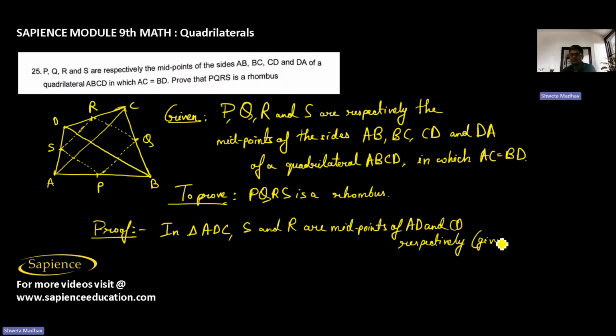It is given. So I can say that SR is parallel to AC and SR equals half of AC, by using the midpoint theorem.